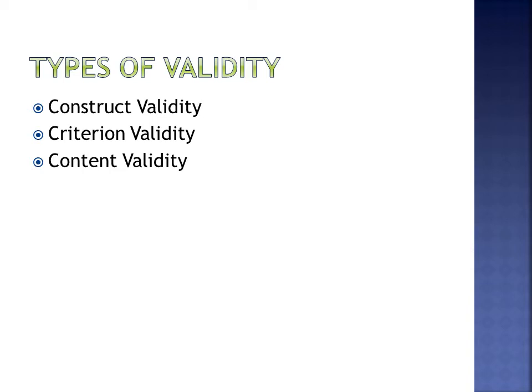Okay, so it's more on the physical aspect, specifically on the face of it. All right, so again, those are the types of validity: construct validity, criterion validity, and content validity. These three also have subtypes. Now let's go to them one by one.